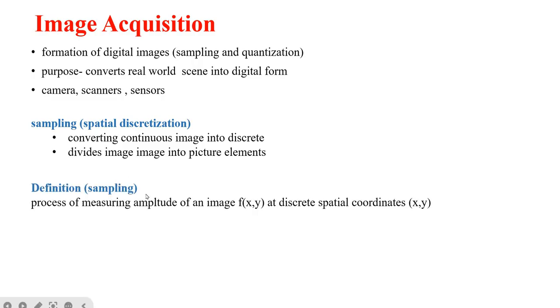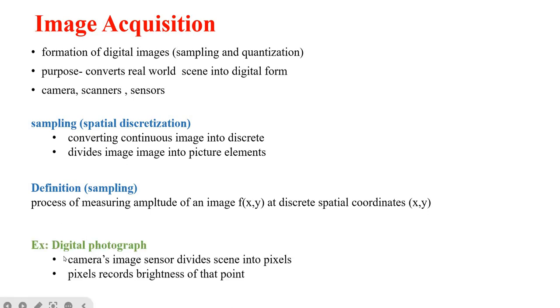So you can define sampling as the process of measuring the amplitude of an image f of x comma y at discrete spatial coordinates x comma y. That is, it determines how many pixels will represent the image, and where each pixel is located.